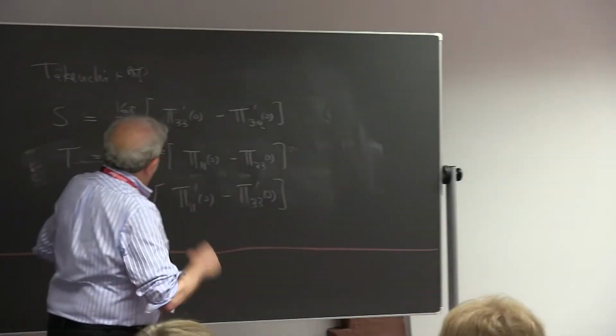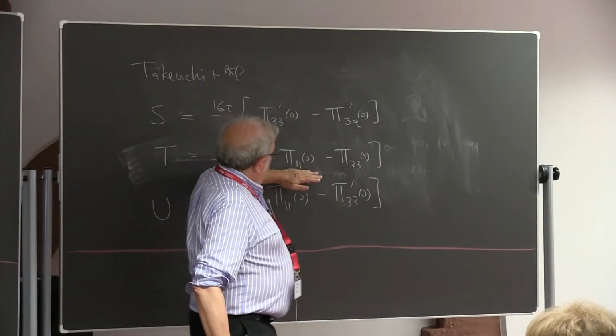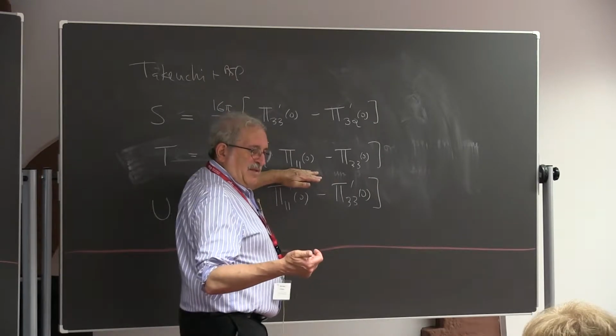Oh, so the 3 is the current J mu 3 left, and the 1 is the current J1 left. And remember that the W current is J1 plus i J2. So I call it 1 just to remove some extra factor of the square root of 2, which would otherwise appear.